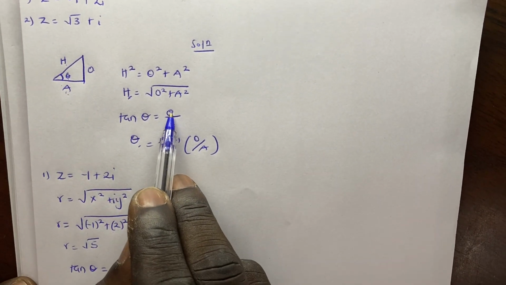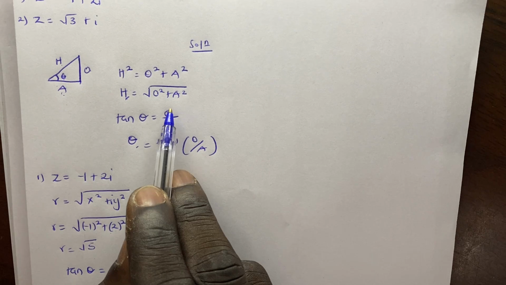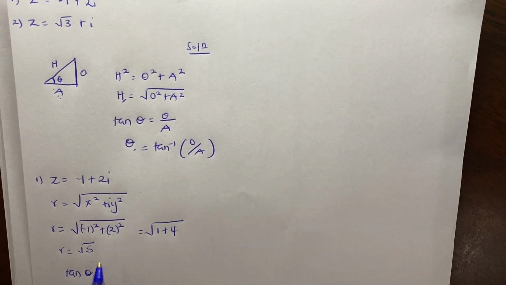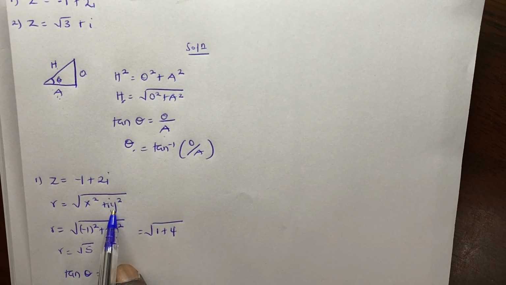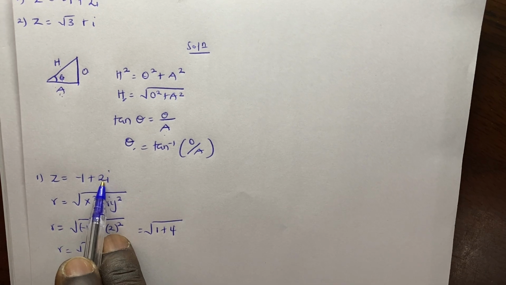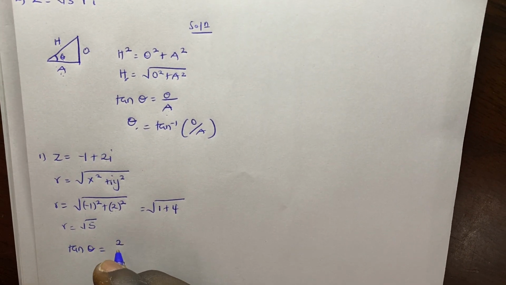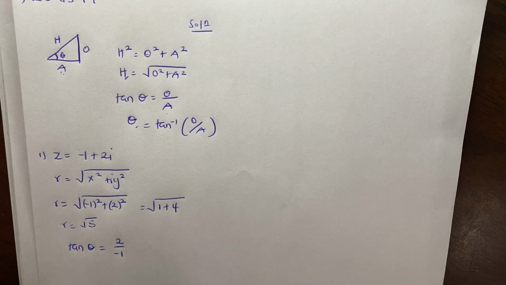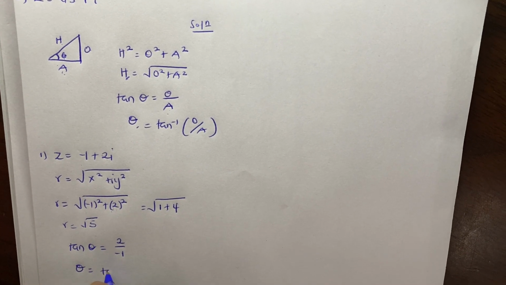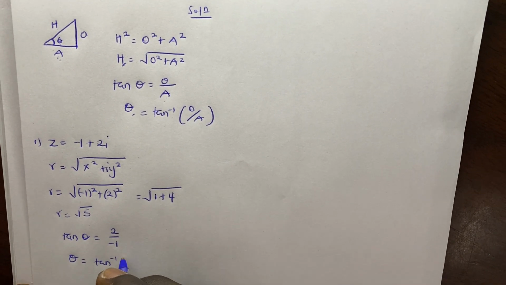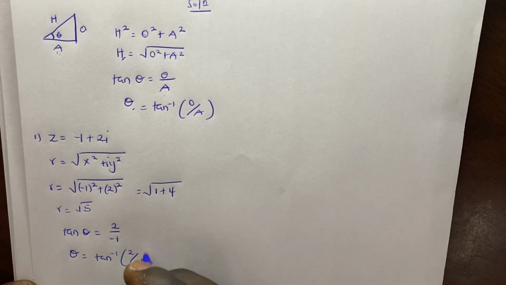So when we have opposite over adjacent, it means that we have the y component over the x component. And here we said that the y component is always the one with the imaginary part, and then the x component is the real part. So our tan theta is going to give us 2 divided by minus 1. And we can find theta to be our tan inverse of 2 over minus 1.